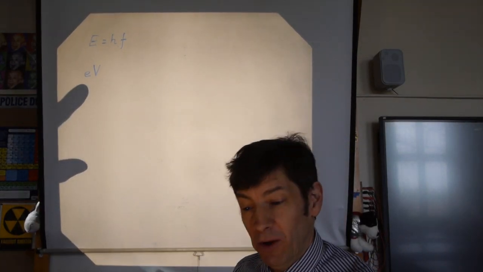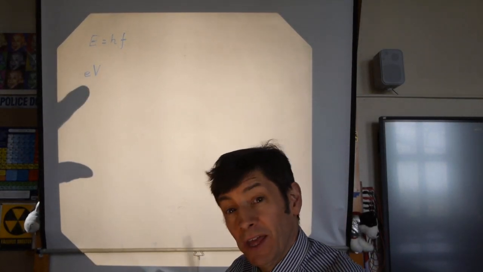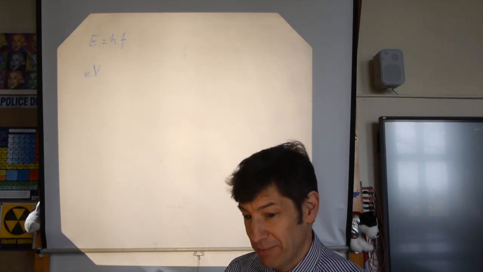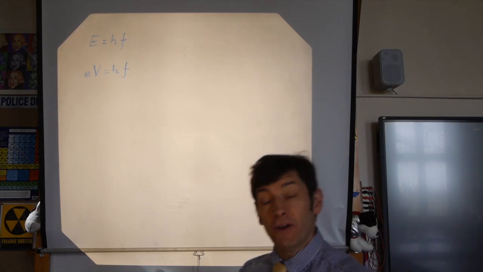So have a think about that one. That's the energy that each electron will have at the threshold voltage when it just lights up. And that will be equal to the energy given out by the photon.